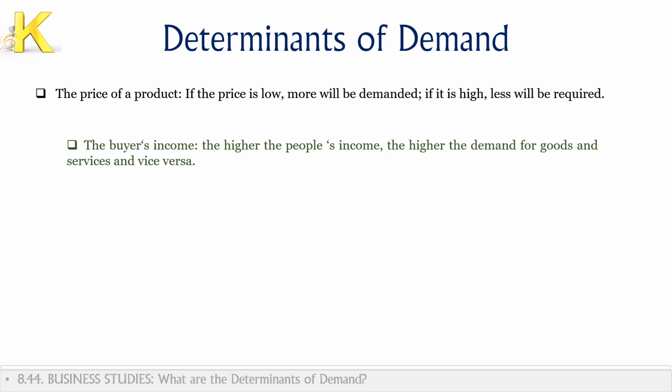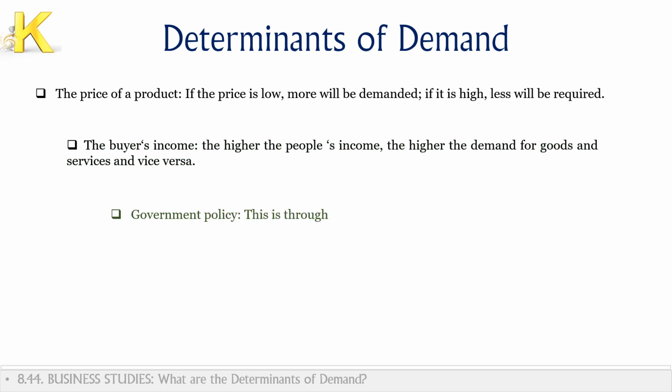Let us get into specifics. If a good is a normal good, an increase in income will result in an increase in demand, while a decrease in income will lead to a decrease in demand of that product. Whereas, if a good is an inferior good, an increase in income will result in a decrease in demand, while a decrease in income will increase its demand.